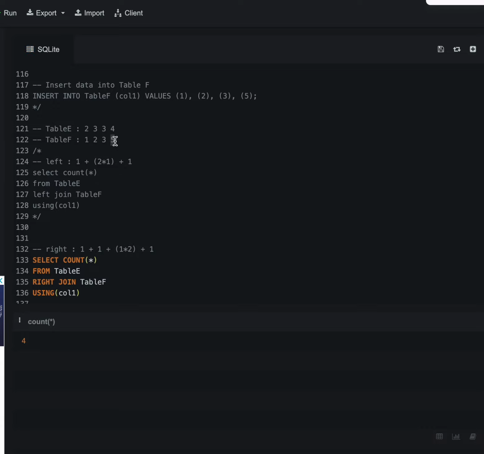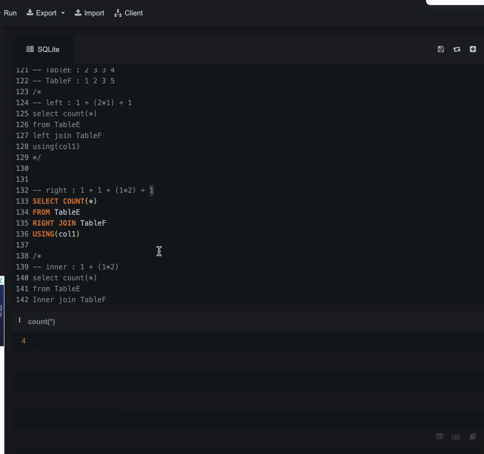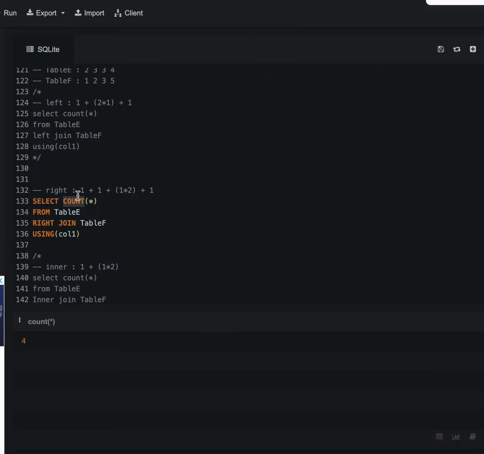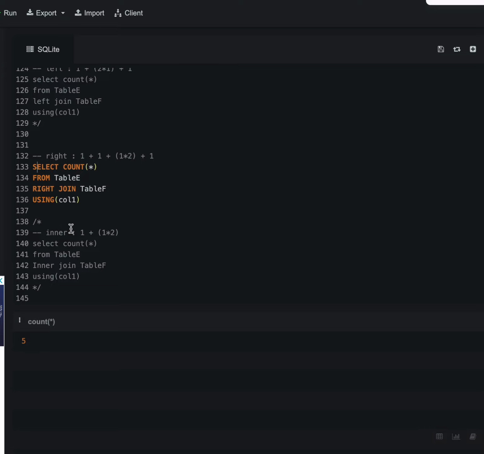And 5 again is an individual entity, so 1. So when I add this, 1 plus 1 is 2, 2 plus 2 is 4, 4 plus 1 is 5. So right join will render us with 5 records. Now if I run this, I'll get 5 records.